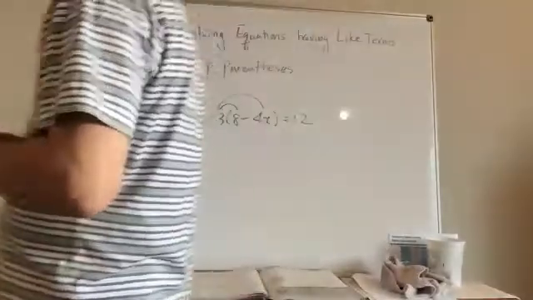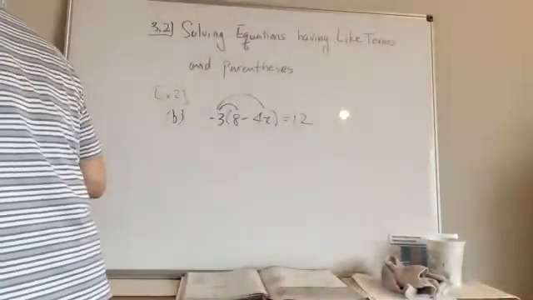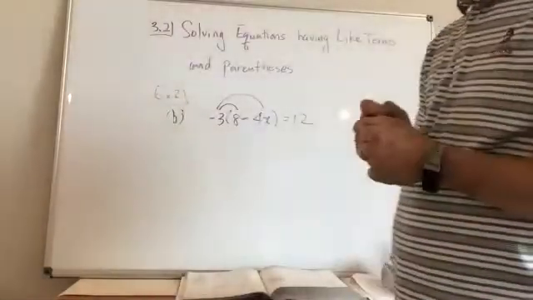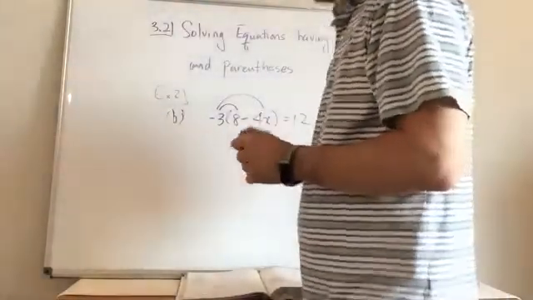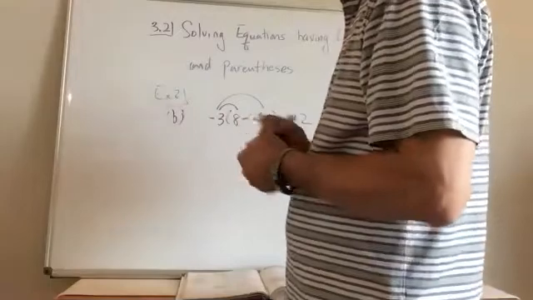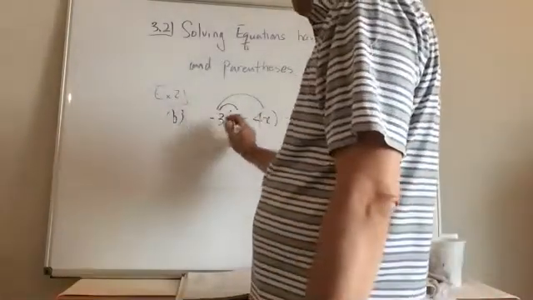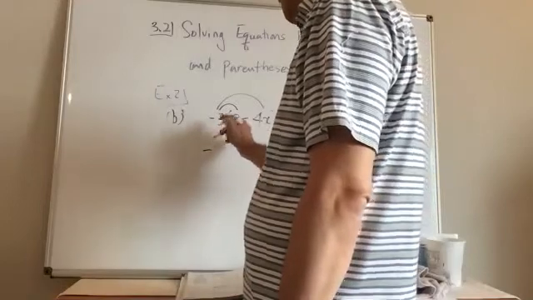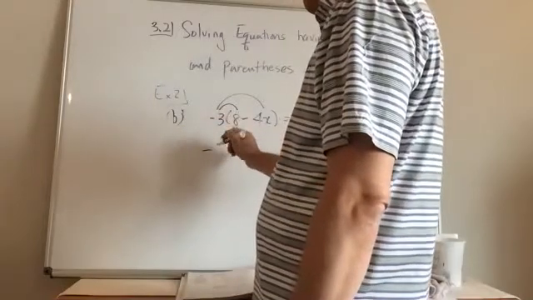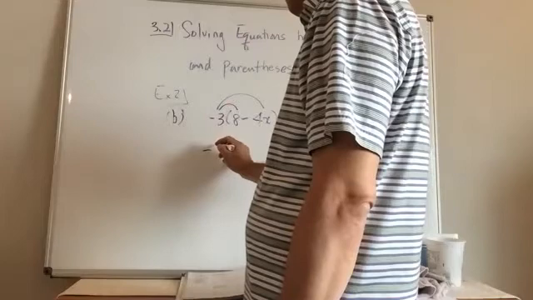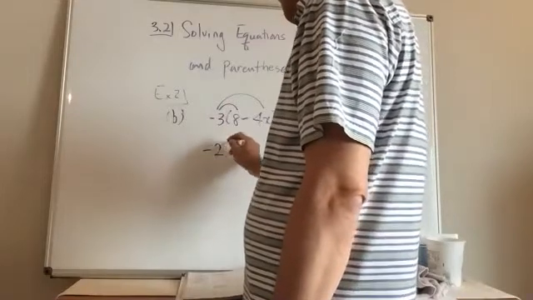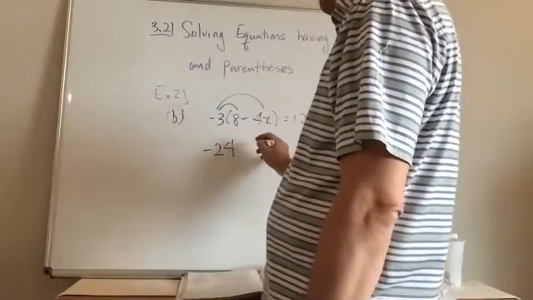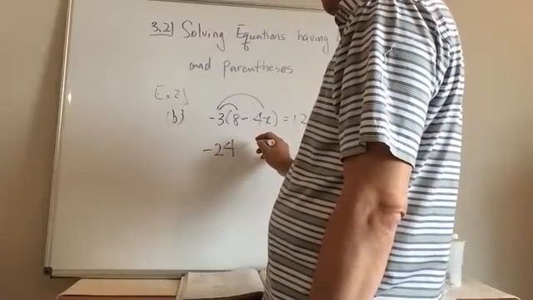So distribute the negative 3 for me, Elijah. You want me to distribute the negative 3? Mm-hmm. Okay, that would be negative 3 times 8 and then negative 3 times 4, right? Yep. So that'd be negative 24. Okay. And then negative 12x.